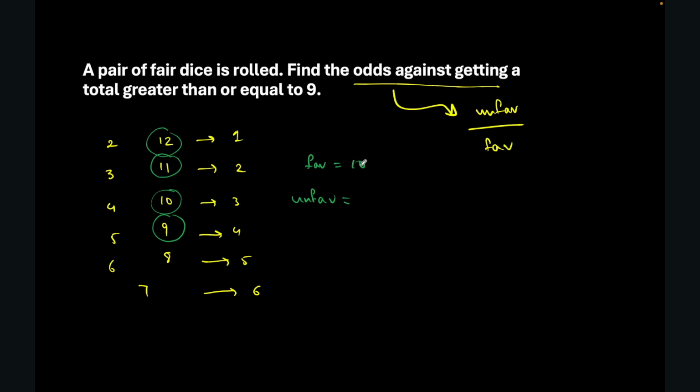Out of them, 10 are favorable, so the remaining are 36 minus 10, which is 26. Now, using the formula, odds against is going to be 26 by 10. If you want to make it into a ratio, you can have it as 13 by 5. That's the odds against. Super simple, nothing too crazy. I'm sure once you know the terminologies, you can solve these questions without thinking too much.